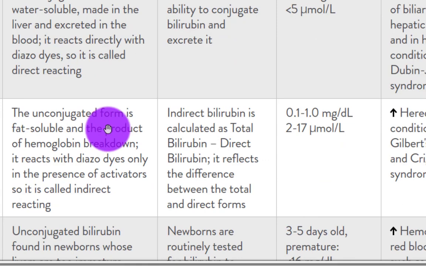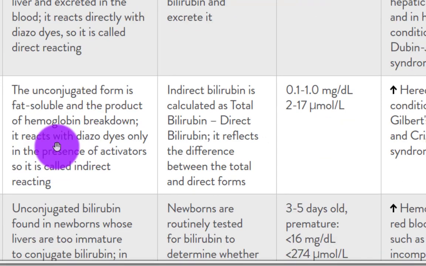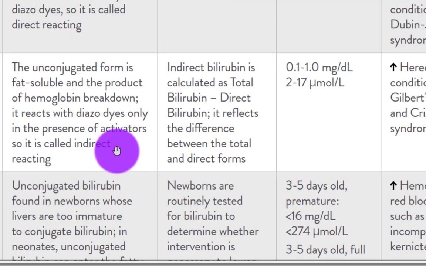Indirect bilirubin, unconjugated bilirubin. The unconjugated form is fat soluble and is the product of hemoglobin breakdown. It reacts with diazo reagent only in the presence of an activator, so it's called indirect reacting. Indirect bilirubin is calculated as total bilirubin minus direct bilirubin, reflecting the difference between the total and the direct bilirubin.